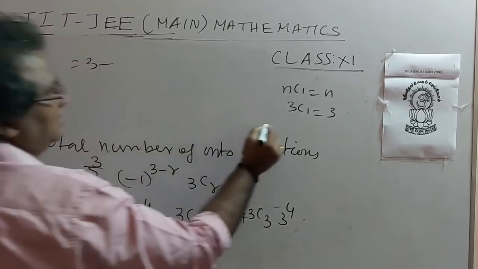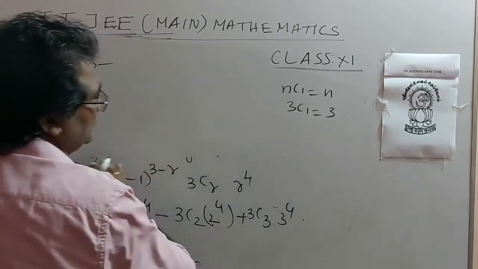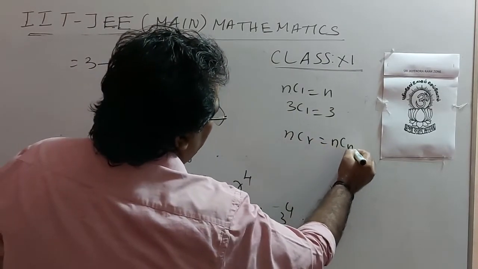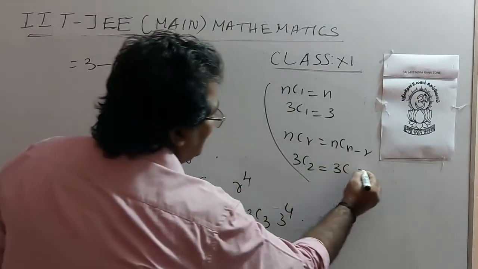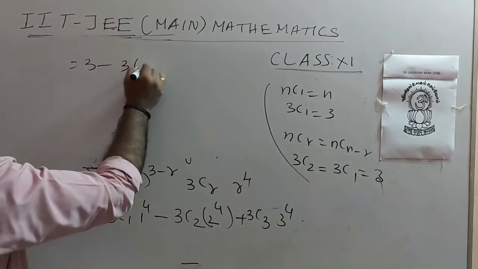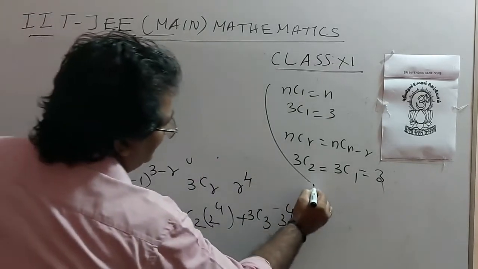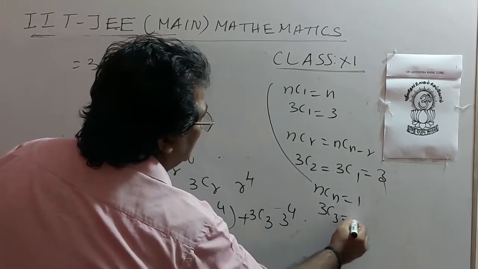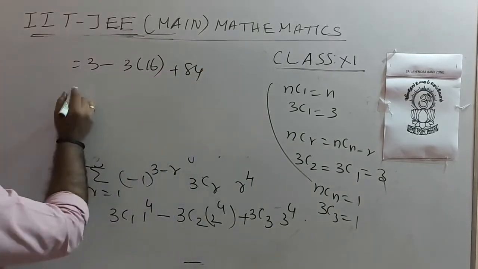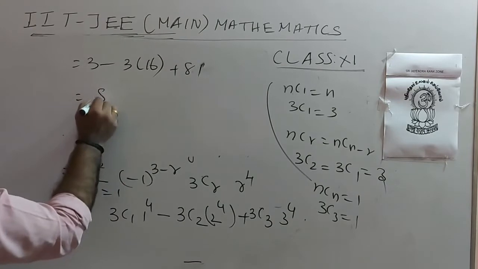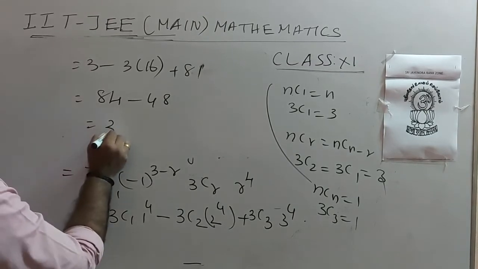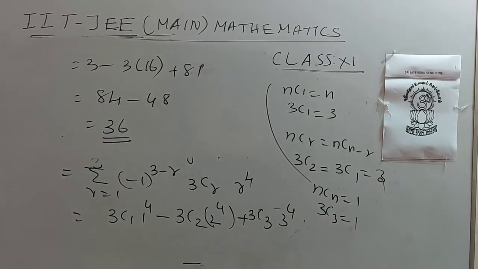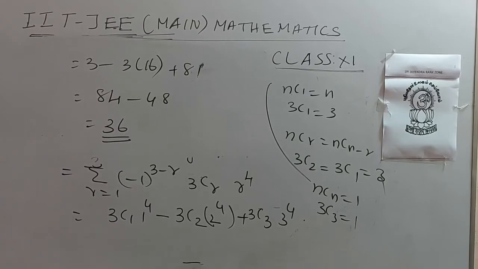Also nCr equal to nC(n minus r), so 3C2 equals 3C1, which is 3. So 3 into 2 power 4 is 3 into 16. nCn equal to 1, that is 3C3 equal to 1, and 3 power 4 is 81. So 3 plus 81 minus 48, that is 84 minus 48, equal to 36. 36 is the number of onto functions that can be defined from a set having 4 elements to a set having 3 elements.